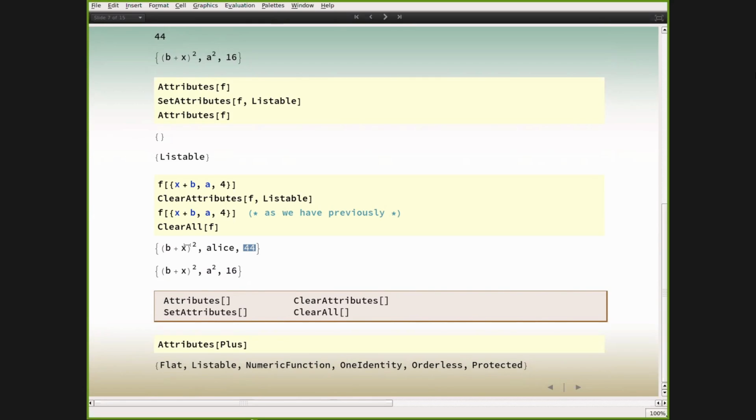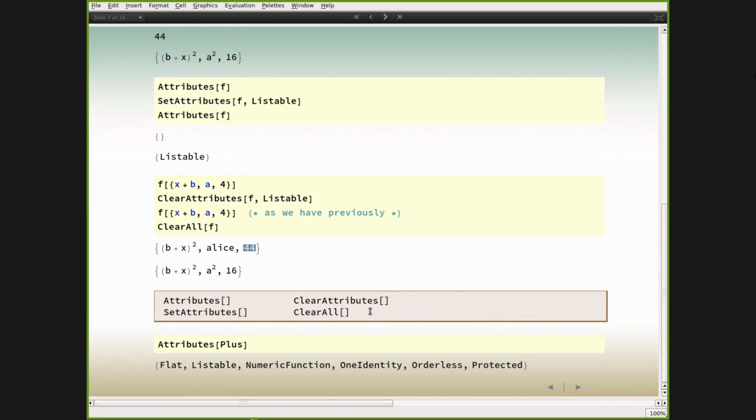Okay, so we can of course use ClearAttributes and ClearAll. So here you have the set of functions which are useful while working with your own functions. This behavior of being listable is quite useful, and you can do a lot of things without any loops.